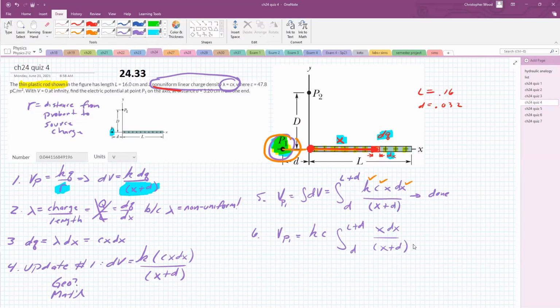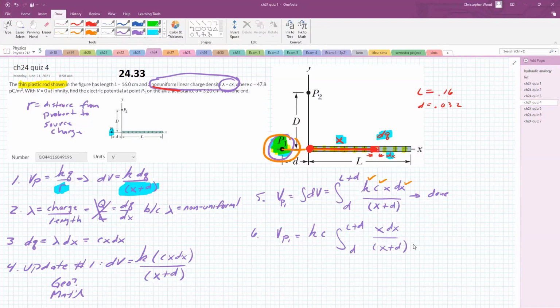What's the integral of X dx over X plus D? I'm just wondering if this is not given to us as an integral. I'm looking at the table.